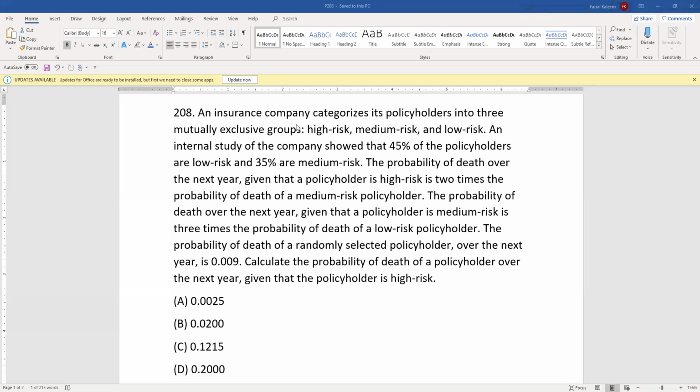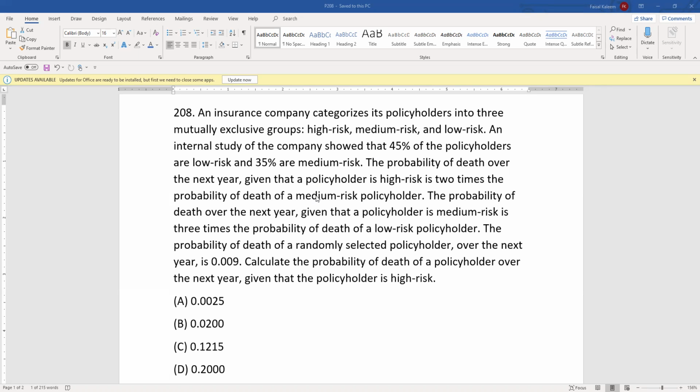An insurance company categorizes policyholders into three groups: high risk, medium risk, low risk. A study showed that 45% are low risk, 35% medium. The probability of death over the next year, given that the policyholder is high risk, is 2 times the death of medium risk.